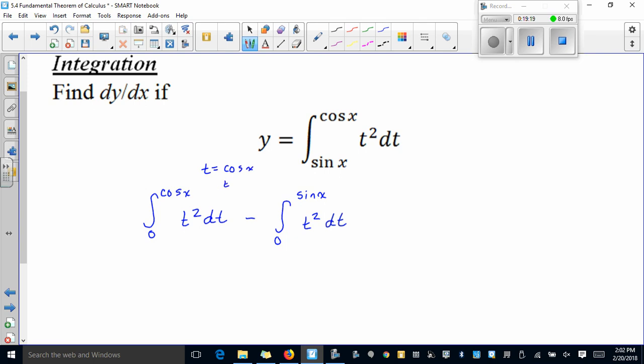Minus, and then we can do the same thing over here. If t is equal to sine of x, then t prime is cosine of x. So this one's going to give me cosine of x times sine squared of x. Now you can play with this to try and make it look prettier if you want, but we're not going to go there.